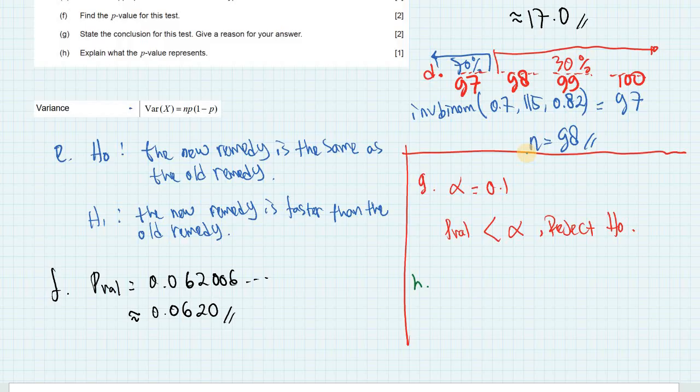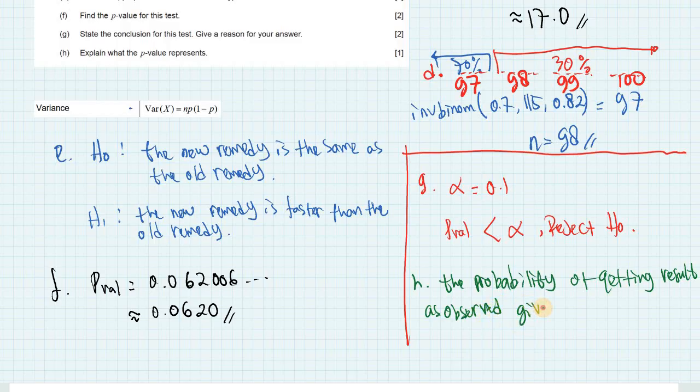This is the concept of the p-value. The p-value means the probability of getting the result as observed, given that the null hypothesis is true.